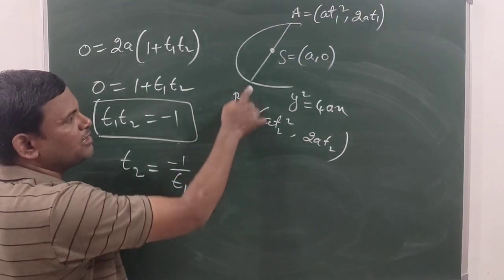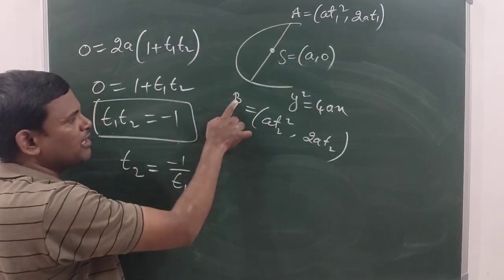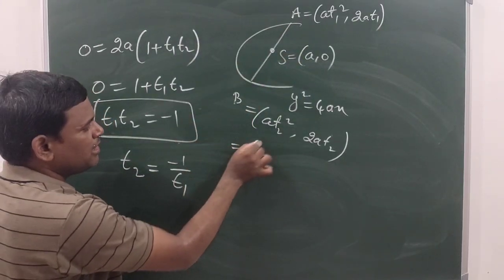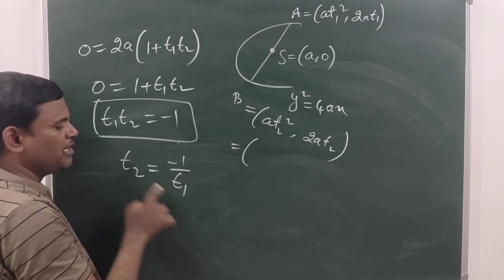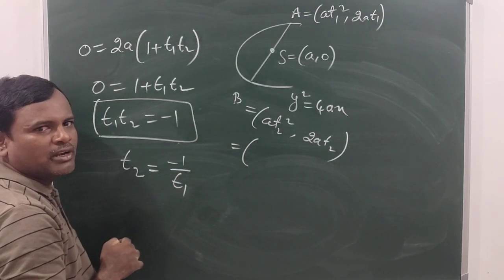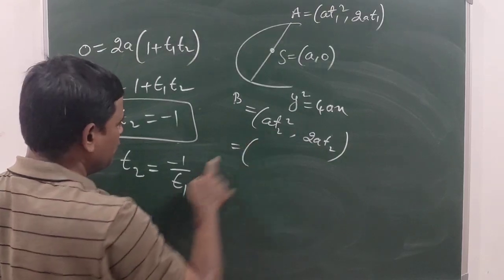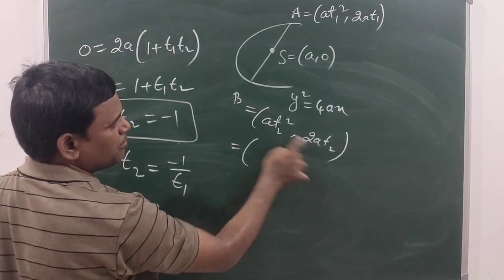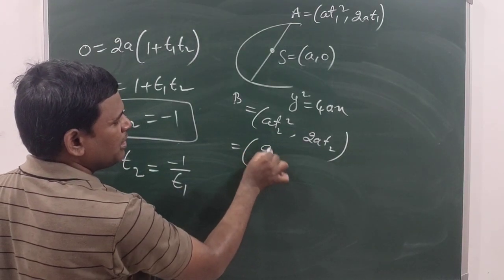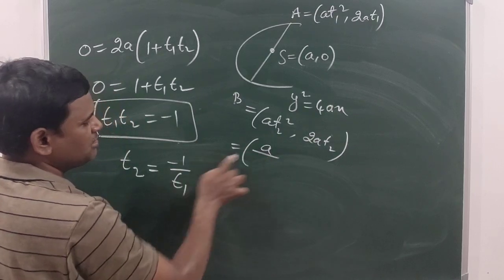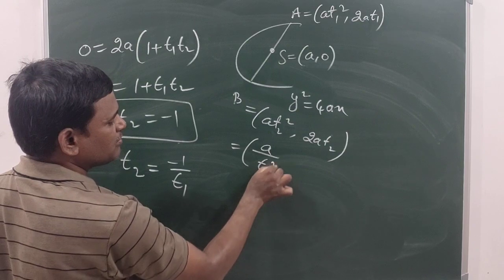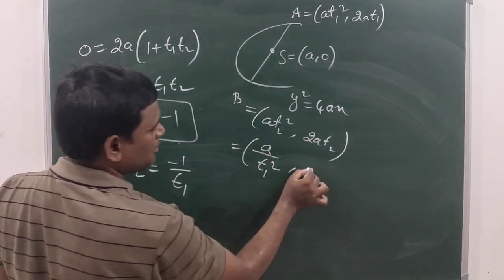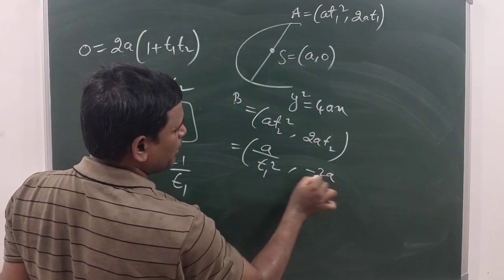In the other end, replace t2 by minus 1 by t1. Then the B coordinates become a by t1 square, and here it is minus 2a by t1.